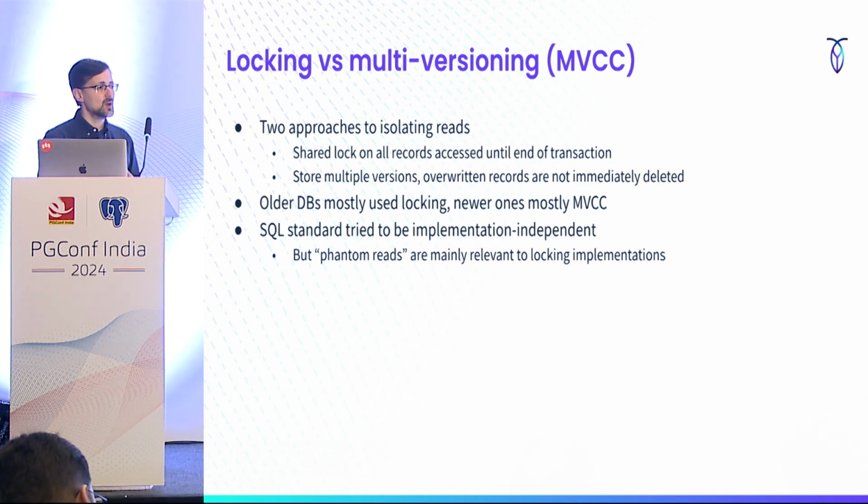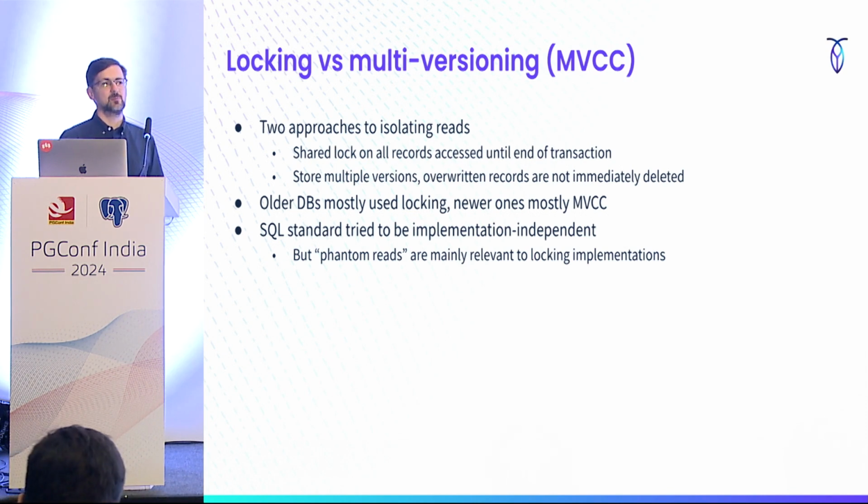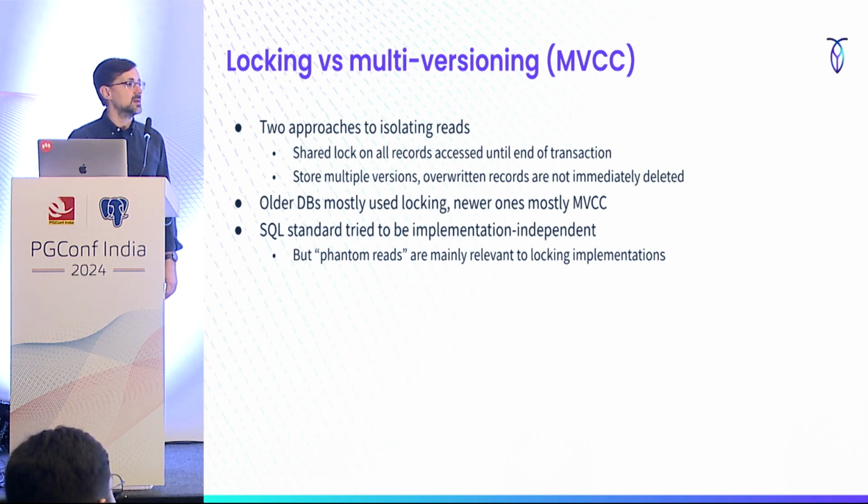The SQL standard tried really hard to be implementation independent. They didn't say that you need to get locks on certain records in your isolation levels. They tried to define it in a neutral way in terms of the kinds of anomalies that you get. But they kind of missed the mark when it comes to repeatable read, because phantom read is a phenomenon that is mainly relevant to locking implementations.